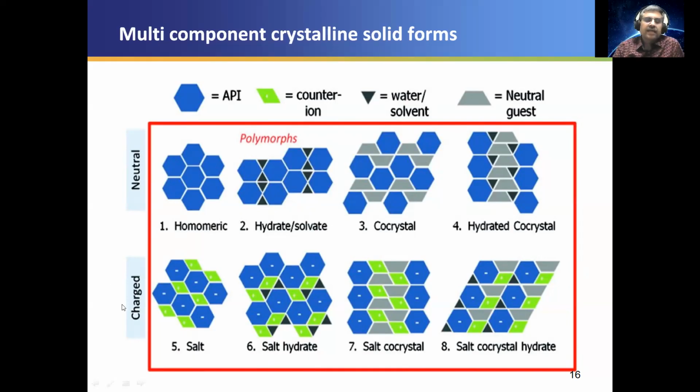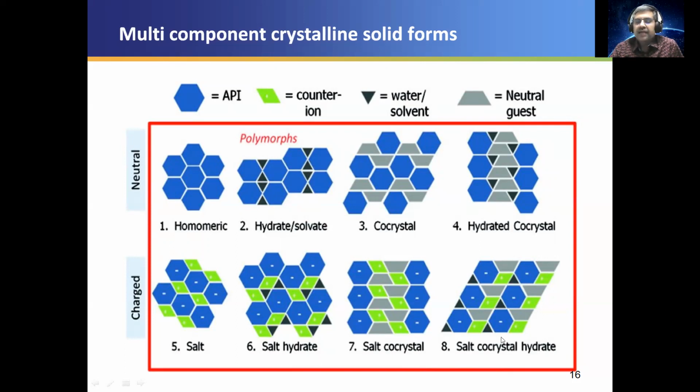In the charged entities, we have the salt forms, wherein you have the ionized API and the counter ion present in the crystalline state or in the crystal lattice. Salt hydrate additionally will have the water molecule in the crystal lattice. Salt co-crystal will have the charged API, the counter ion, and the neutral guest molecule.